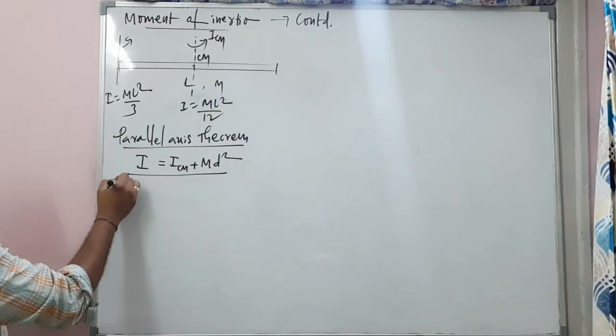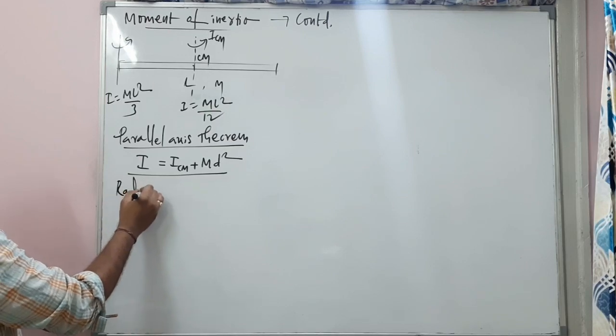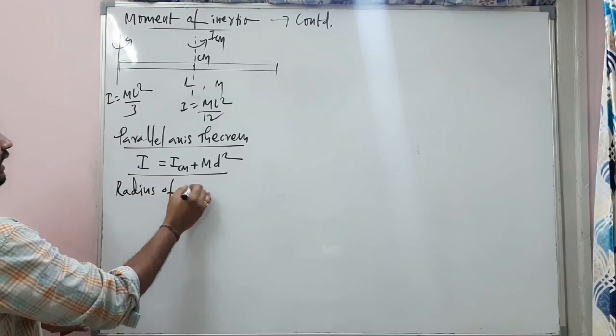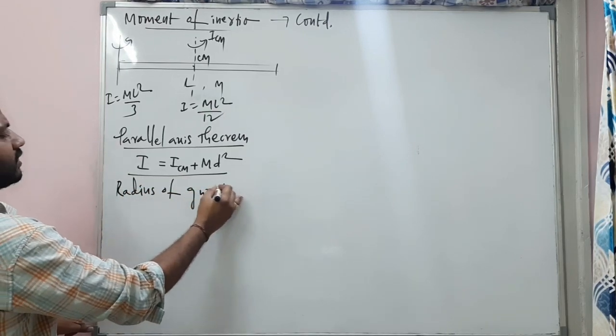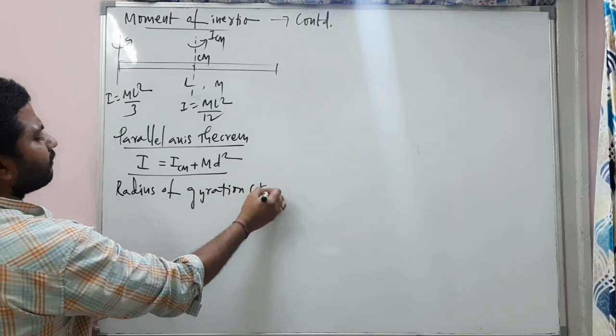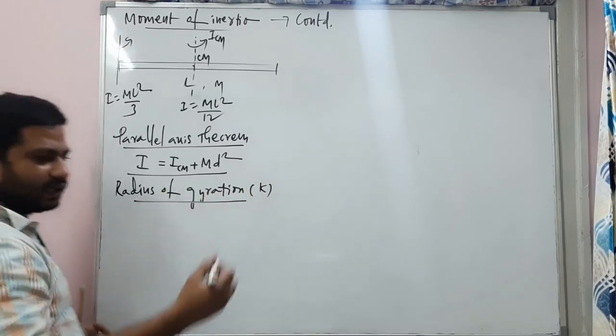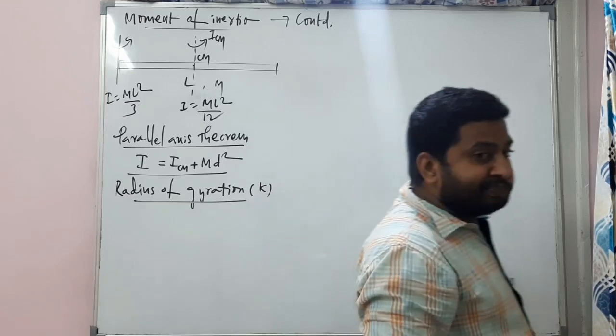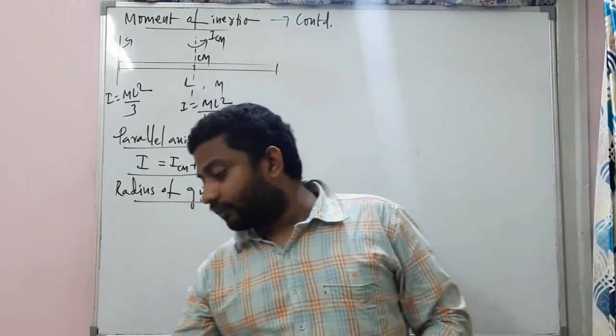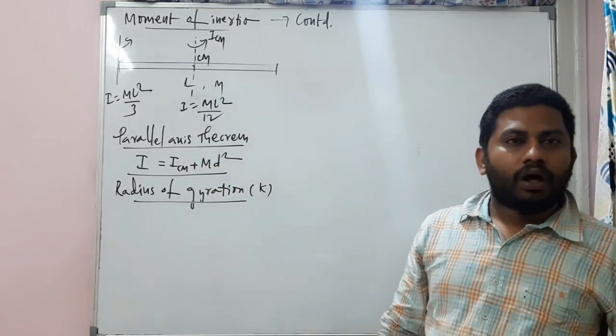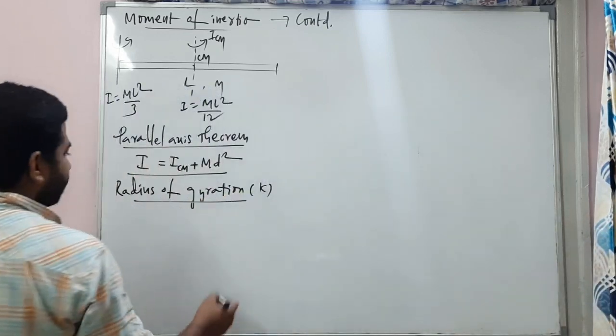And here we must know another topic called radius of gyration, which is denoted with the symbol K, capital K. You know what is meant by radius of gyration? It's so simple.